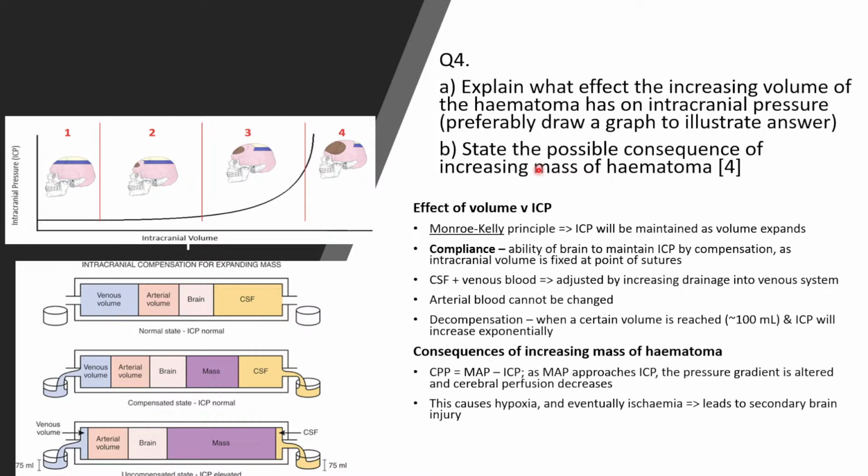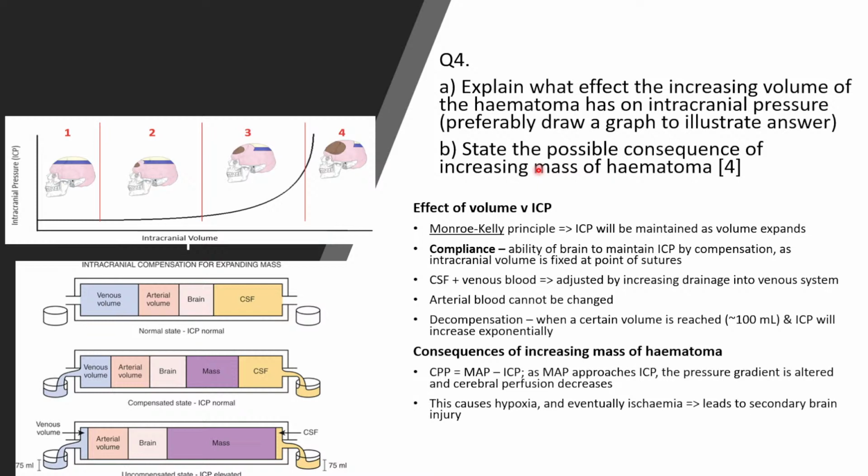Now, the mean arterial pressure is what you get in your blood, so that's your heart pumping. As the intracranial pressure rises and becomes equivalent to the mean arterial pressure, the pressure gradient becomes altered. And this means that the cerebral perfusion decreases.